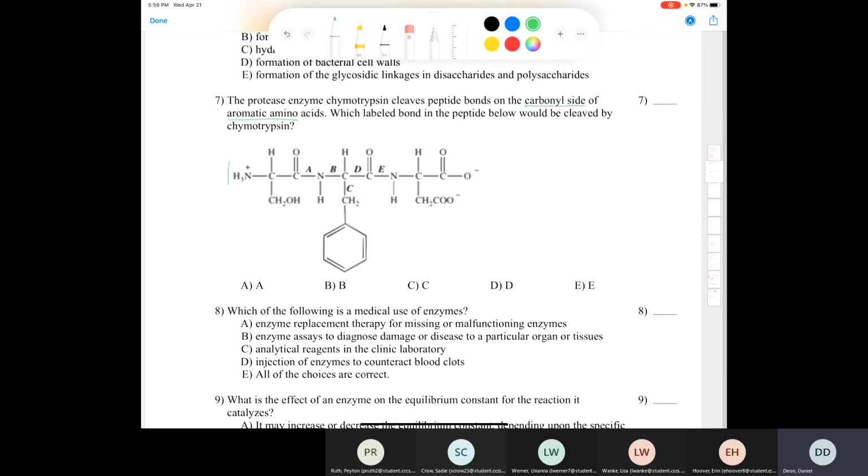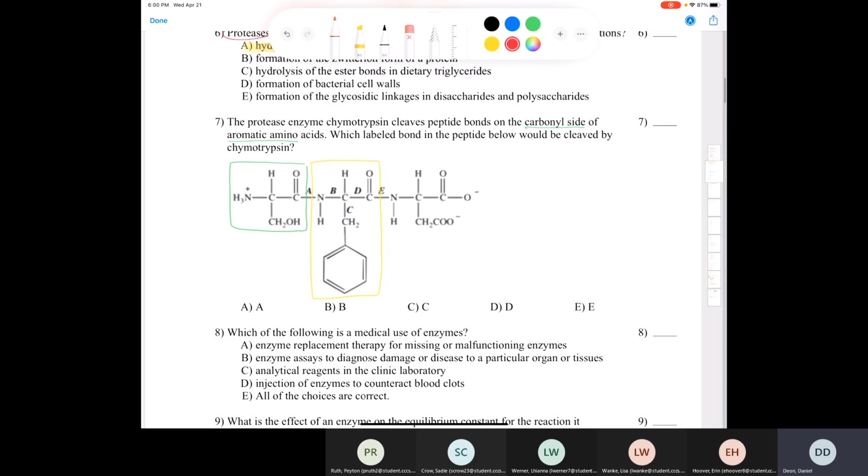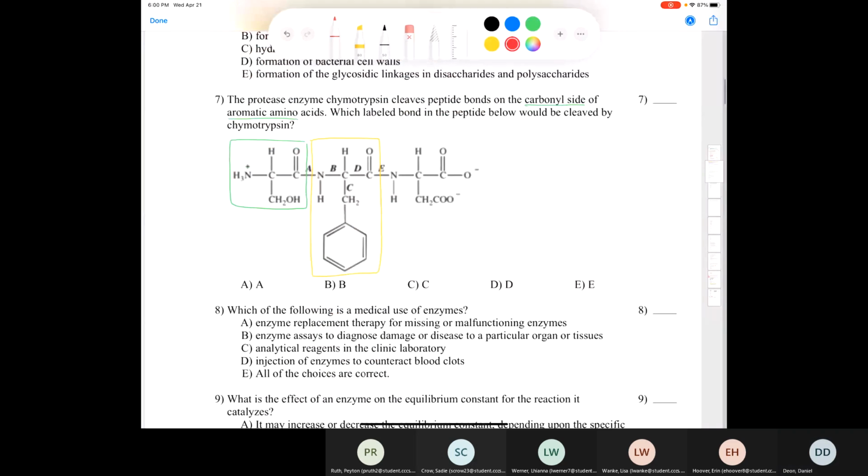We have nitrogen, carbon, carbonyl, so that's one amino acid, or I could box in the whole thing. So there's one amino acid. Let me use the yellow pen here. I have NCC here. This is my second amino acid. And then I have NCC, and this is my last amino acid.